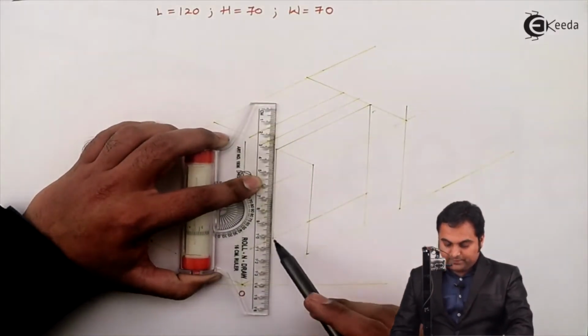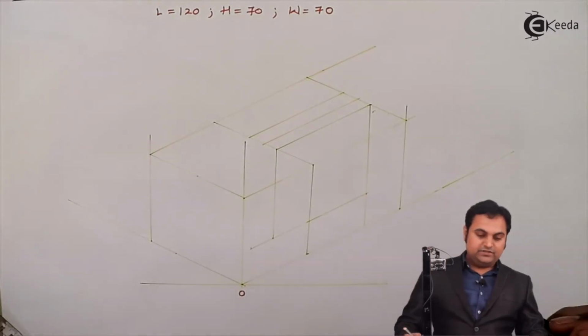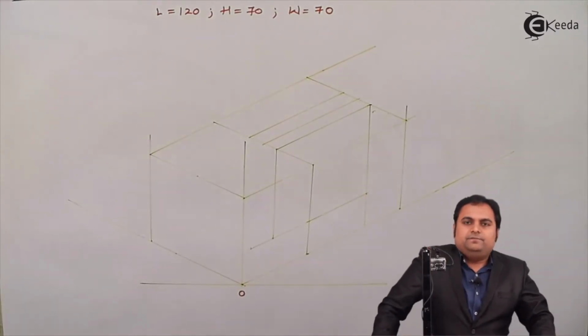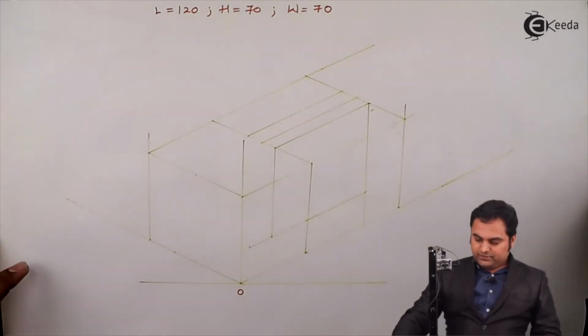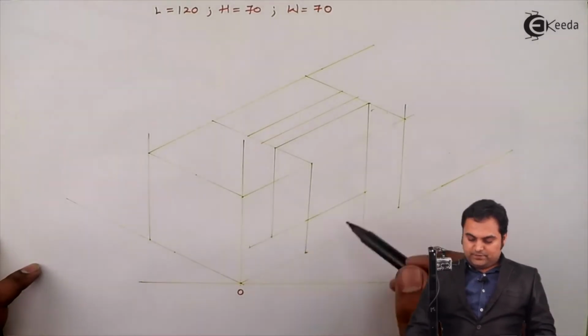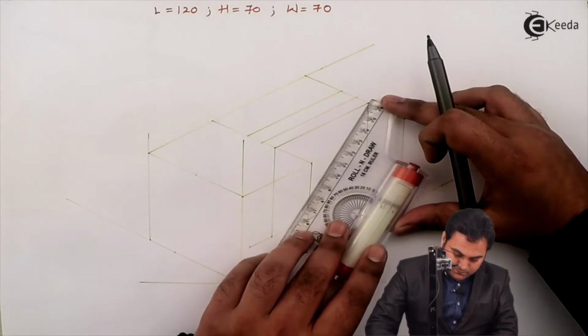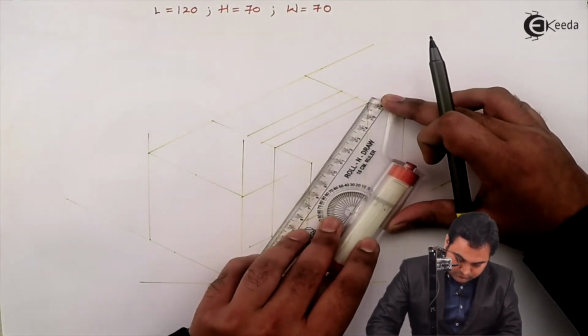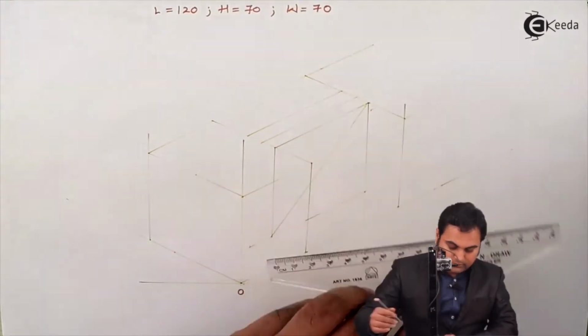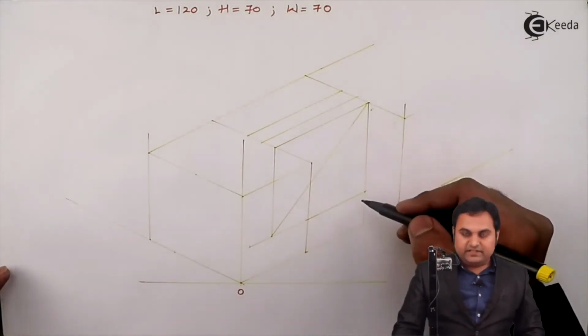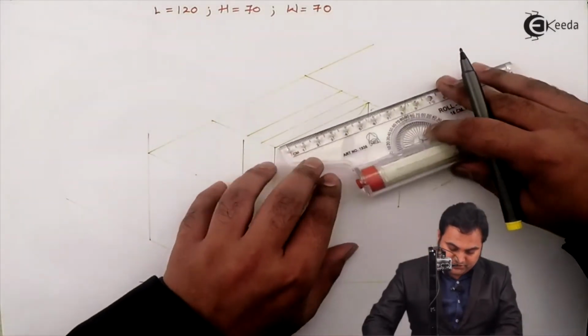So I am getting a parallelogram inside which I would be drawing the semicircle part. To draw the semicircle, inside this parallelogram I would be drawing a longer diagonal like this. Then the sides are of 70 mm. I'll mark their midpoints.